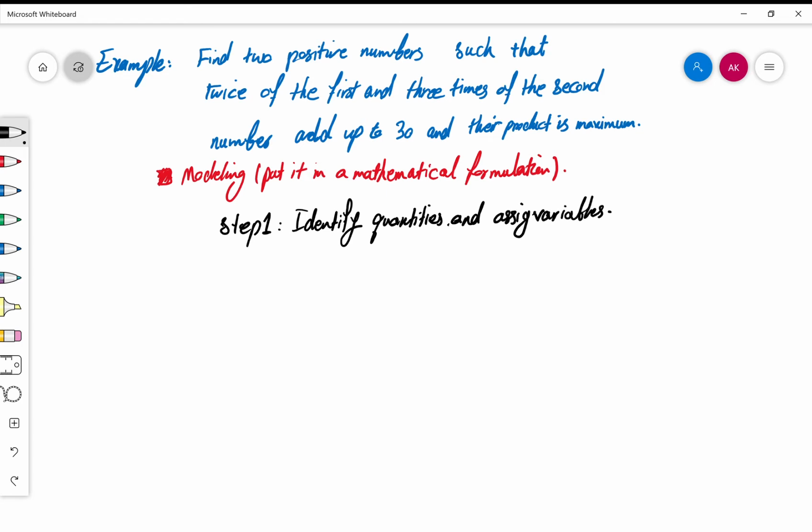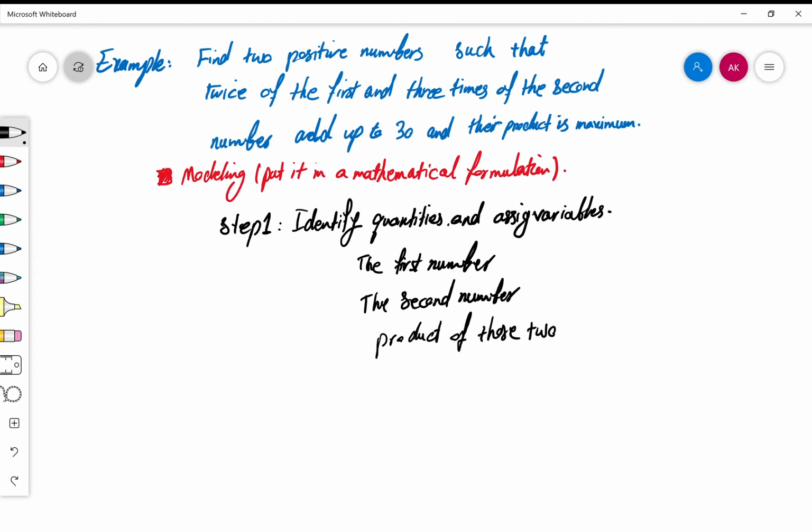Here I have two numbers: the first number, the second number, and we are going to put a product of those two. For the first one, I will assign x, for the second one, y, and for the third one, p.